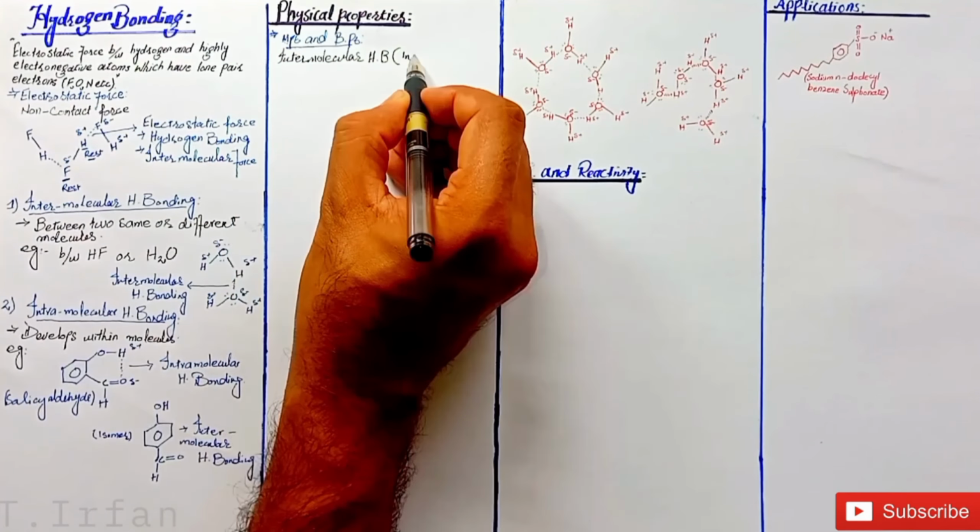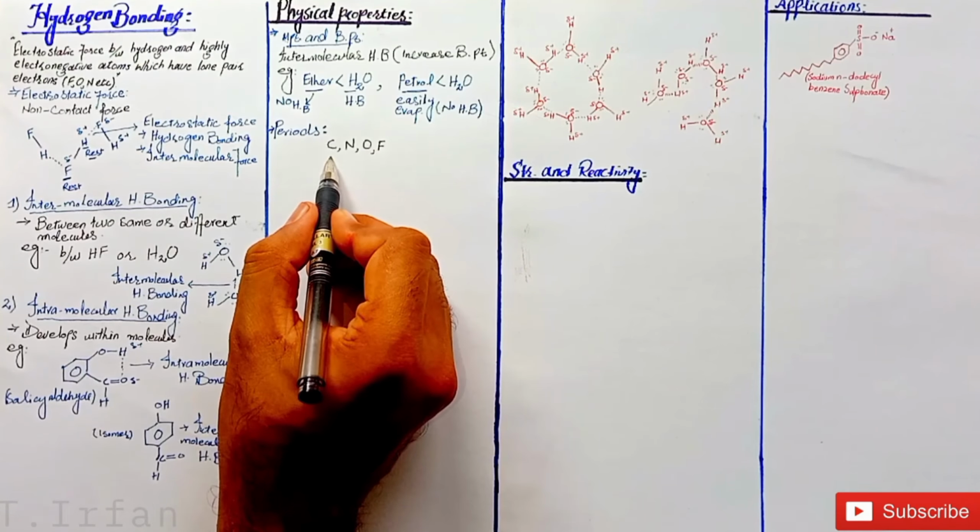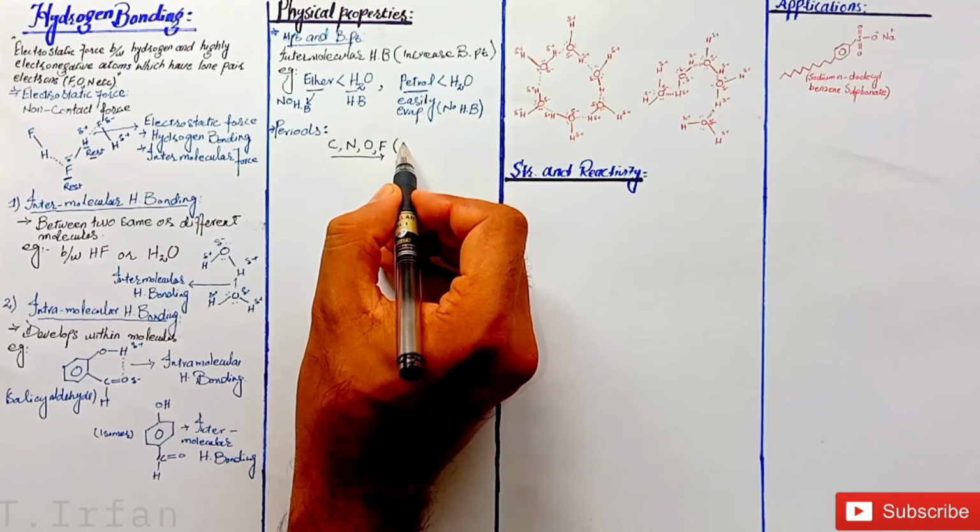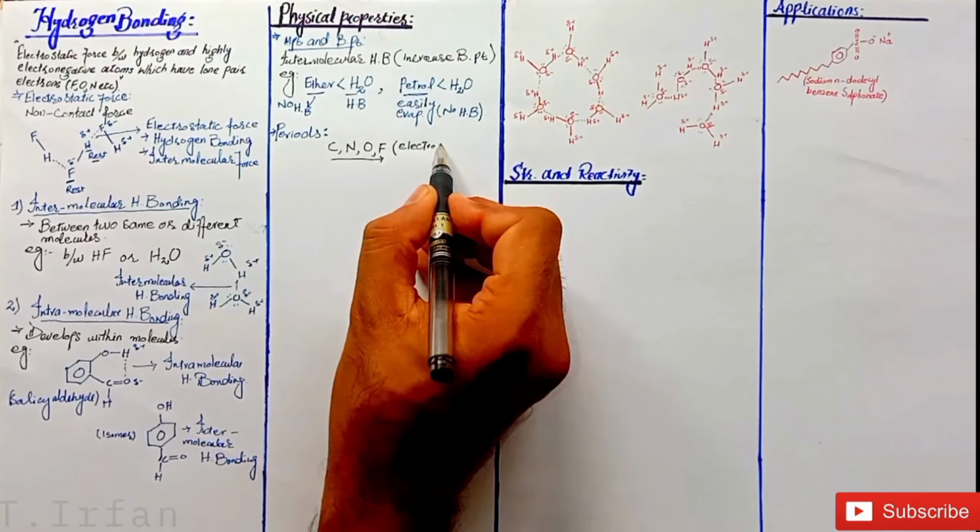And in periods, when we move from left to right in the periodic table, electronegativity of atoms increases. This is because effective nuclear charge increases and size reduces.